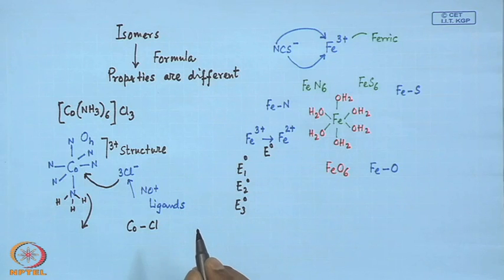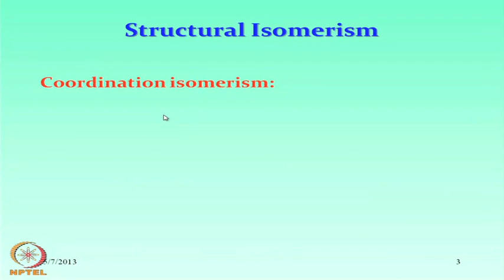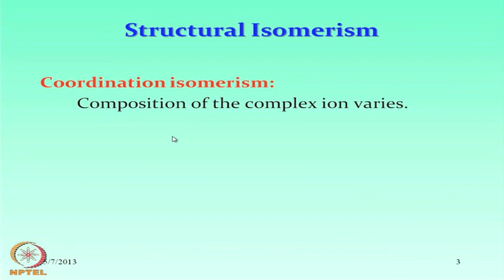So, new cobalt chlorine bonds will be forming as we get from one isomer to the other. This particular isomerism, starting from coordination isomerism, is where the composition of the complex ion varies, which is very important: when the species entering, like your Cl minus substituting the ammonia molecule, the basic composition of the complex ion is changed.